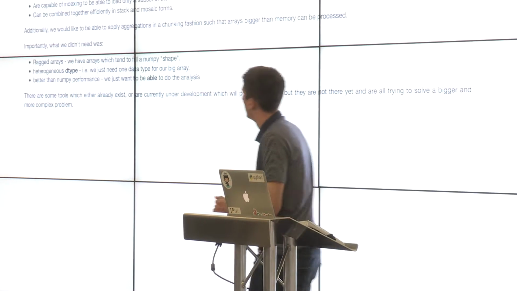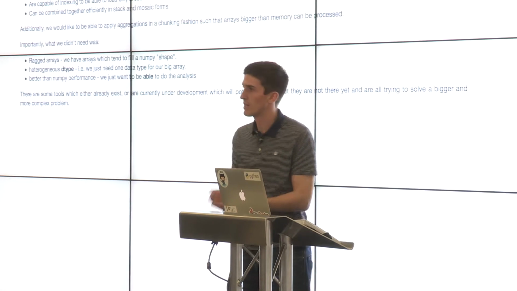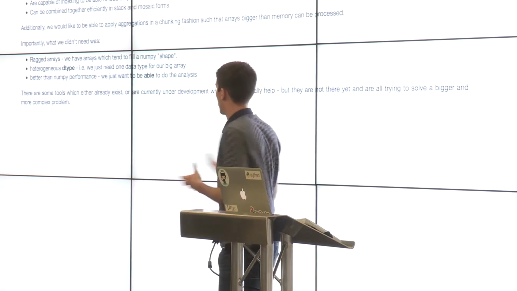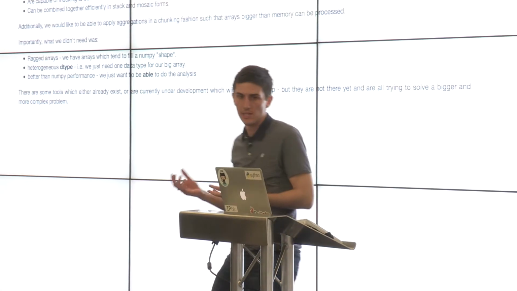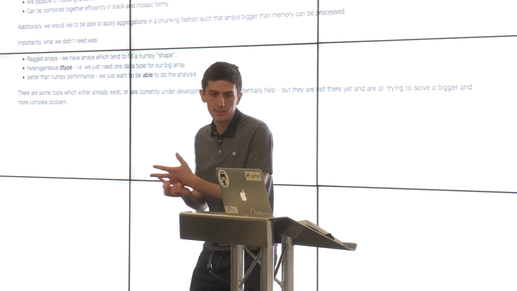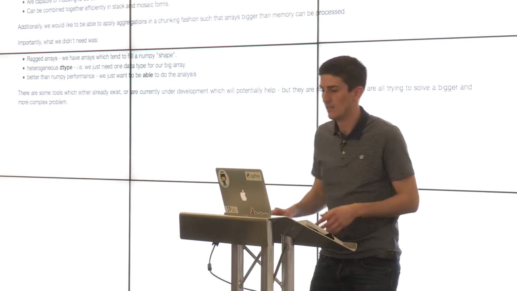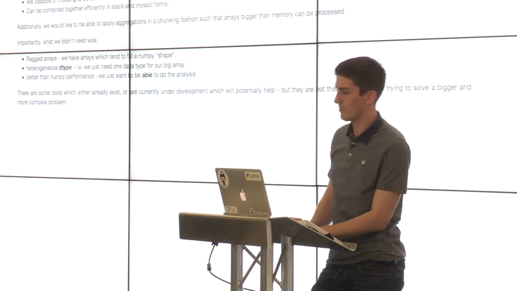So we needed a tool which allowed us to have arrays bigger than the memory that was available to us, that were efficient and knew how to access the underlying data for what they represent.